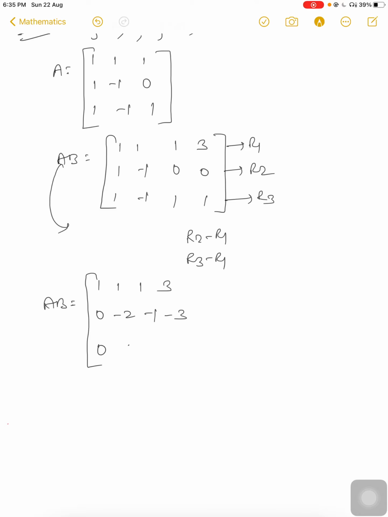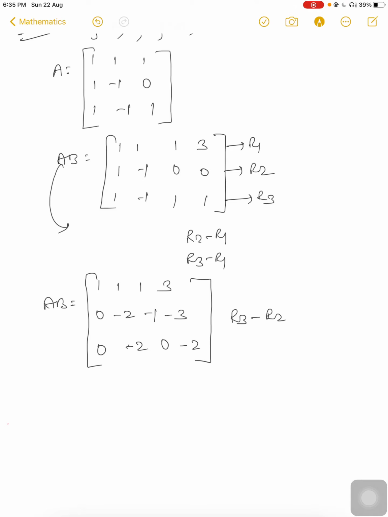R3 minus R1 gives 0, minus 2, 0, and minus 2. Two elements became 0.